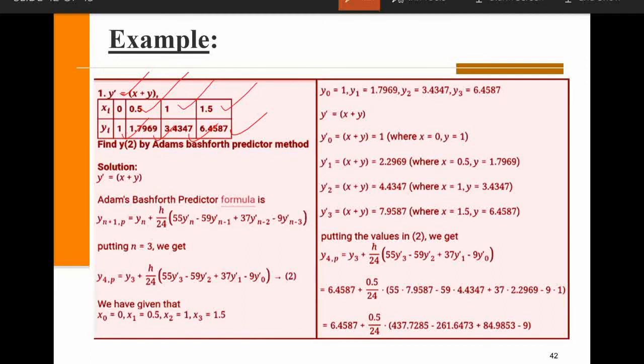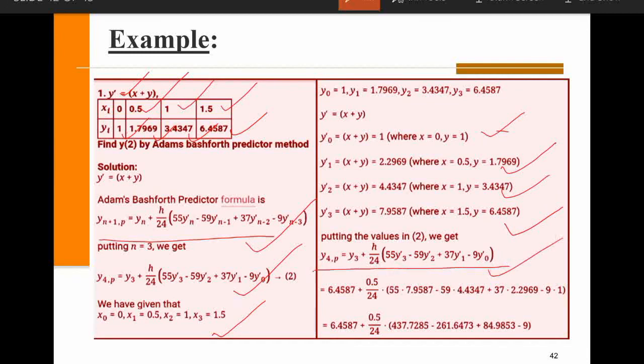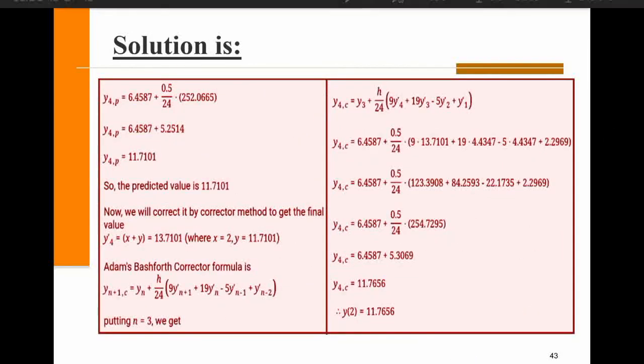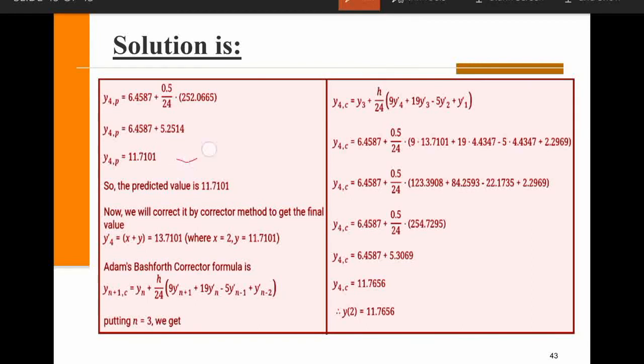So again, in a very similar way, we predicted the value of y4 by applying the Adams-Bashforth technique. We have calculated y0 dash, y1 dash, y2 dash, y3 dash. After finding all these values, we substituted the values in the Adams-Bashforth technique. This becomes our prediction of the fourth value, y4, right?